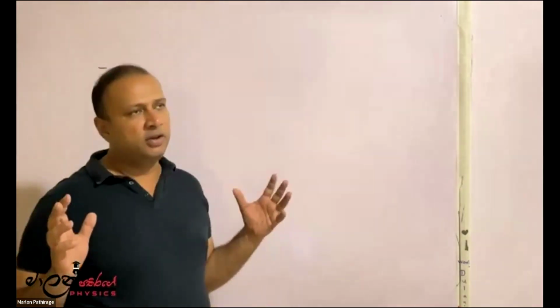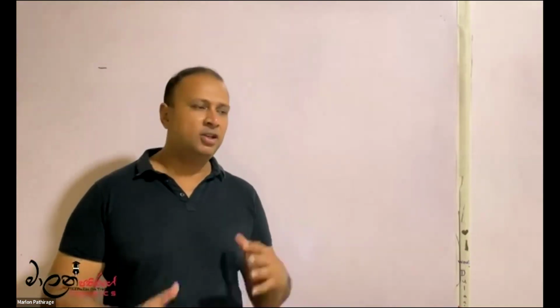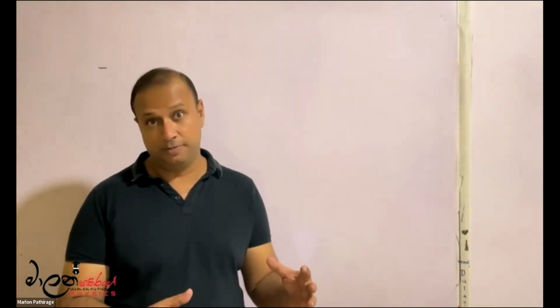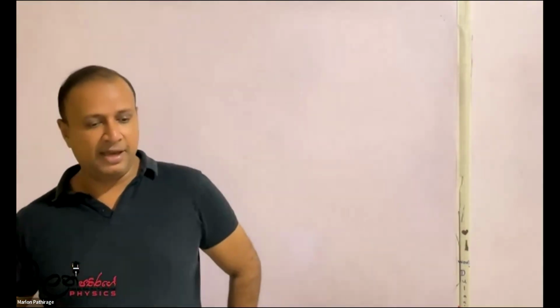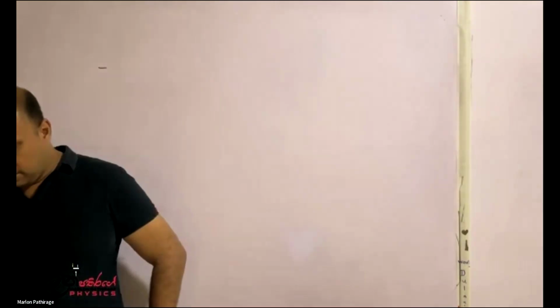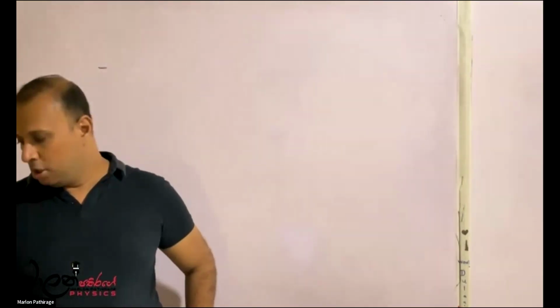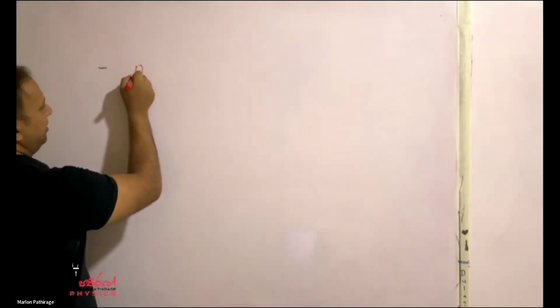Then write a topic. Actually, now we have discussed the vernier principle. Now we are going to discuss the instruments that use this principle. Write down the topic: instruments using vernier scale.